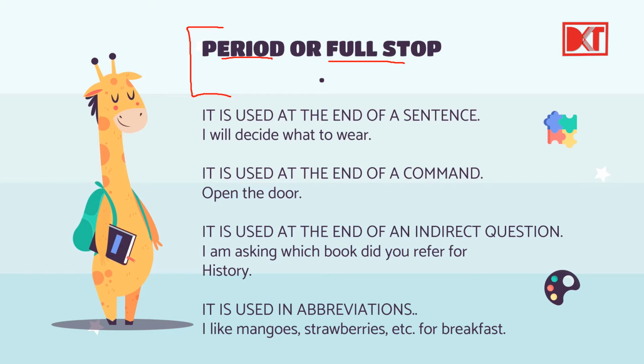Let's see its various uses. First of all, it is used at the end of a sentence. This is pretty easy. For example, I will decide what to wear, and a full stop. So full stops are used at the end of a sentence. When you have completed a sentence, you put a full stop.